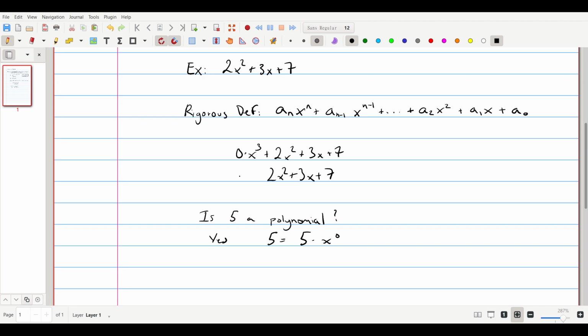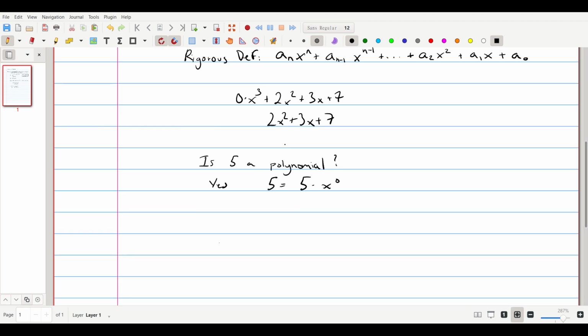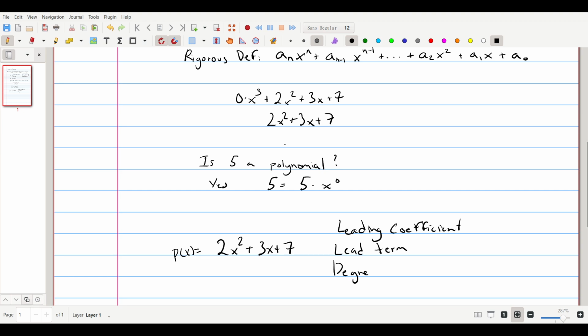Okay, so here's a few definitions. Let me bring this polynomial back over here. So we have something called a leading coefficient, a leading term, and the degree of the polynomial.